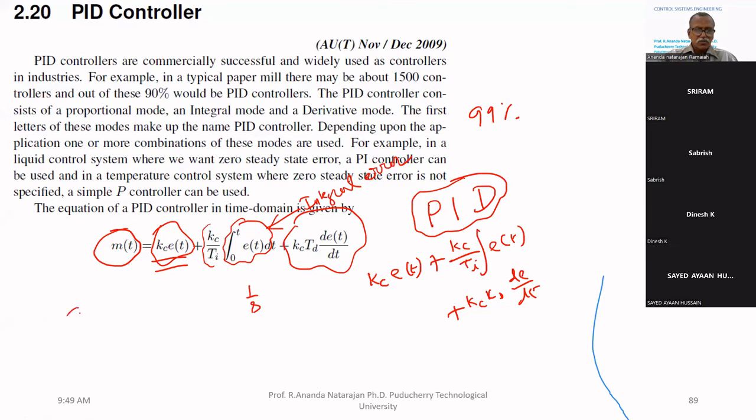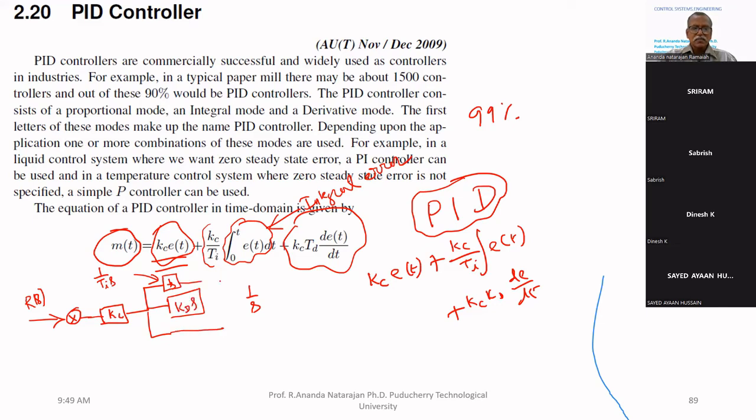Then how do we introduce this PID controller in a loop? This is R of S. The error signal comes here. Immediately we put a Kc here. Here we put 1 by TiS, the integral compensation. The derivative compensation is KDS.